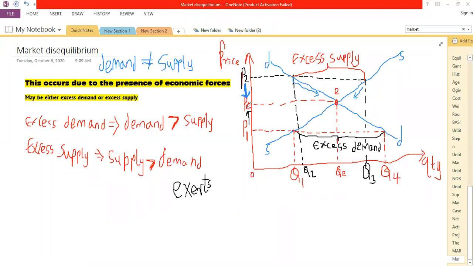Assuming any one of these two forces exists in the market for the commodity, excess supply or excess demand, and prices are being pushed towards the equilibrium price to a point where the equilibrium is restored back to its original position, that is what we call a stable equilibrium.